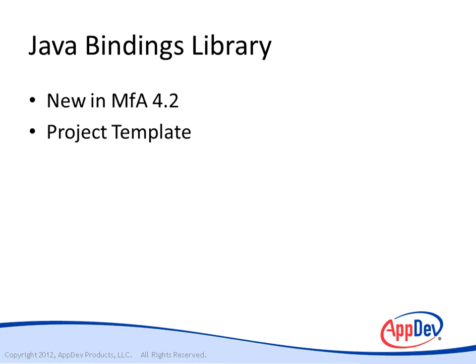Basically, it's going to allow us to automate those bindings, so we don't have to manually code up a lot of JNI. The Java binding library will interrogate a jar file, say, hey, here's what this jar file exposes, and then provide us a C# interface into that jar file.